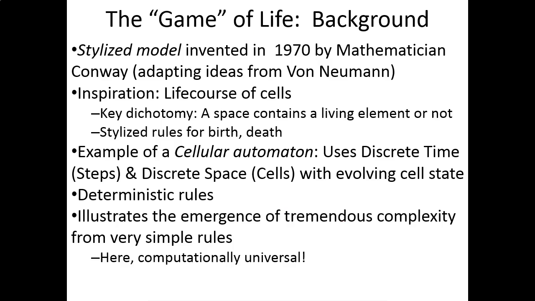Okay. So the game of life is one of the most famous, what's called cellular automaton. It involves discrete time. Time advances in lockstep. All agents are updated at once. They depend for their update to the next time step on the current state.